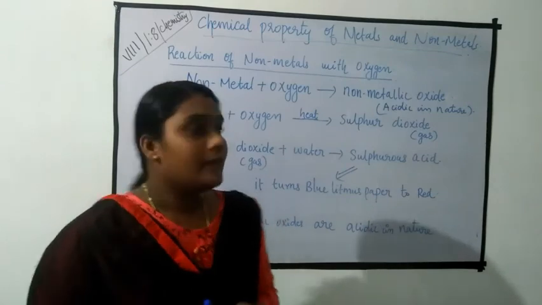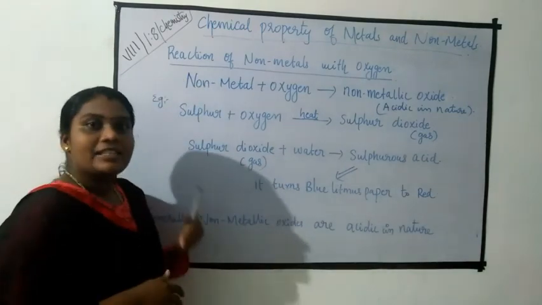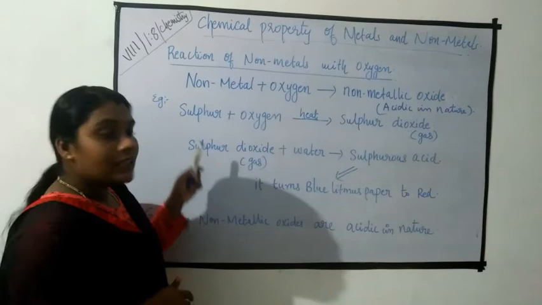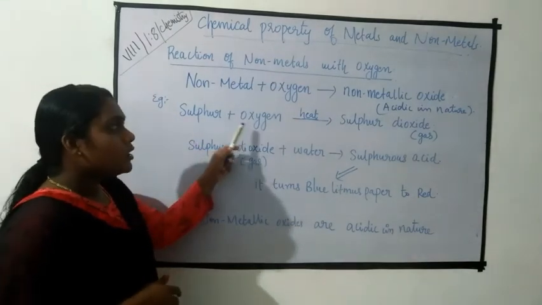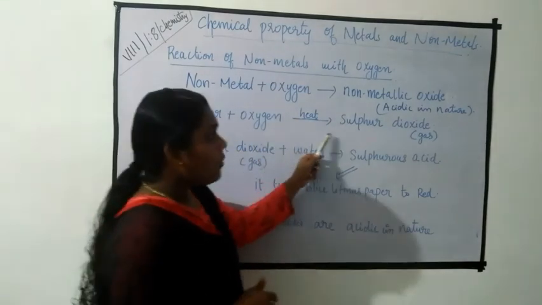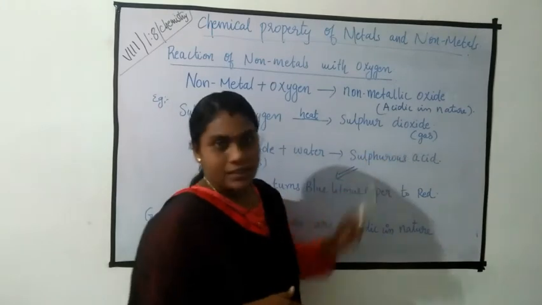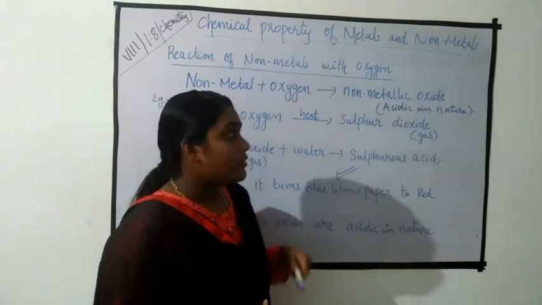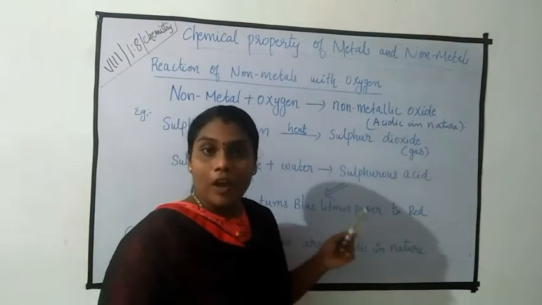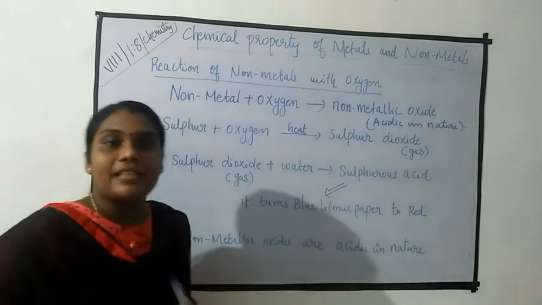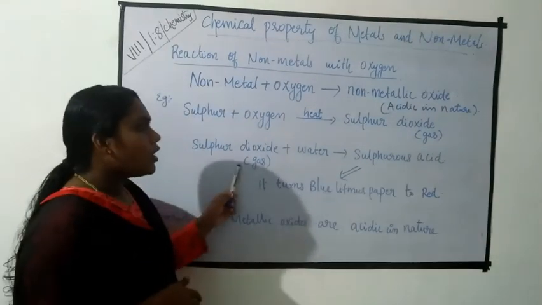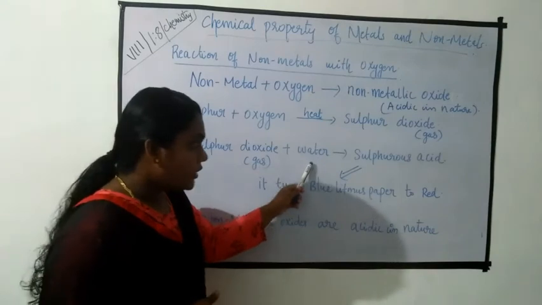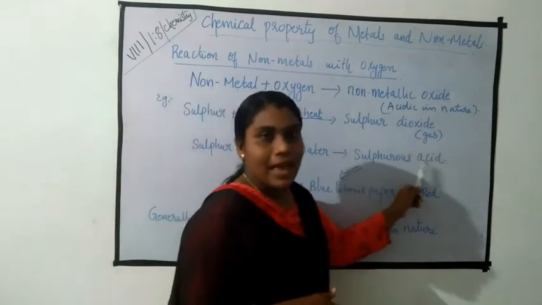See, when we heat the sulfur, what happens? The sulfur reacts with oxygen to form sulfur dioxide gas. We collect sulfur dioxide in the glass jar. The sulfur dioxide reacts with water to form sulfurous acid.